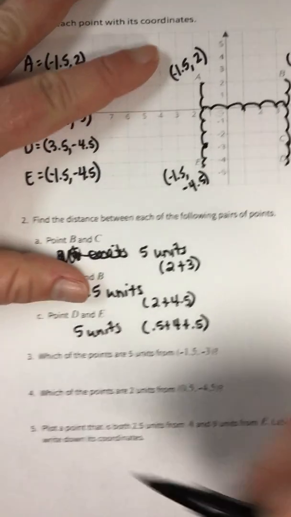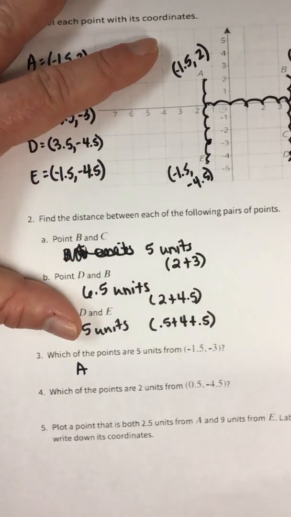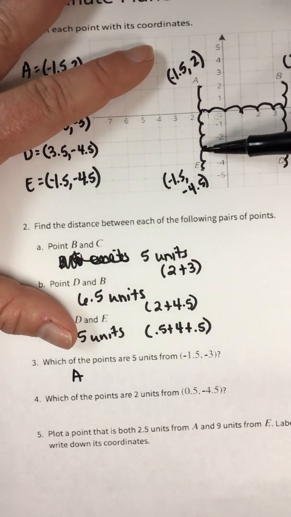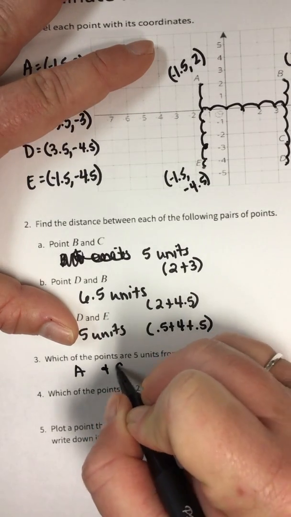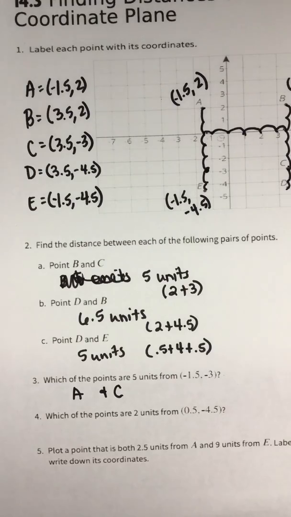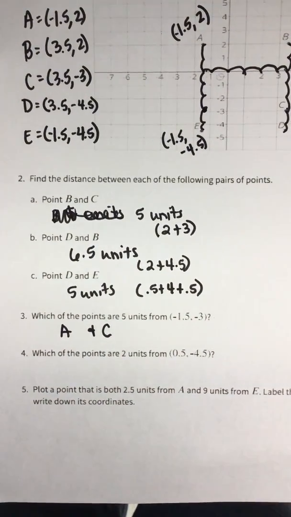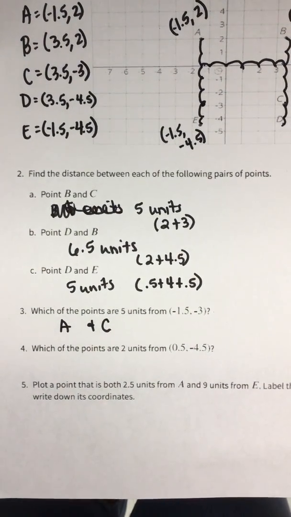So A works. And then let's count C. Well, we just did that, right? We did half plus 4 plus half, which was 5. So A and C are both 5 units away from that point.